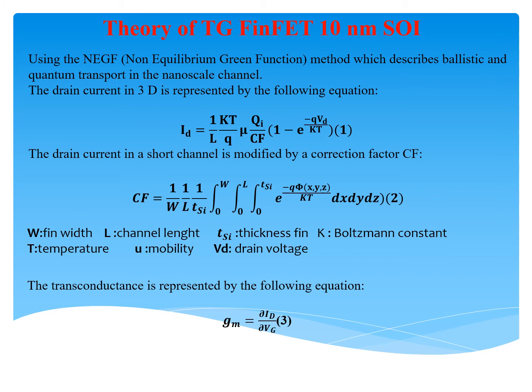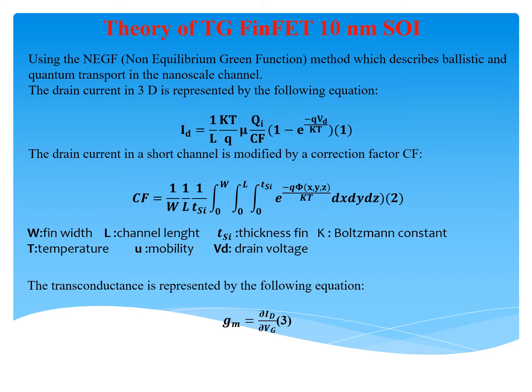L is the channel length, K is the Boltzmann constant, T is the temperature, Q is the electron charge, mu is the mobility, QA is the charge in channel, CF is the correction factor, and VD is the drain source voltage. The drain current in the short channel is modified by a correction factor. W is fin width, L is the channel length, and TSI is the fin thickness.